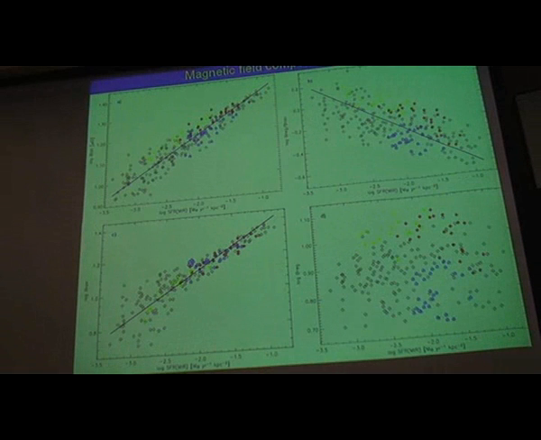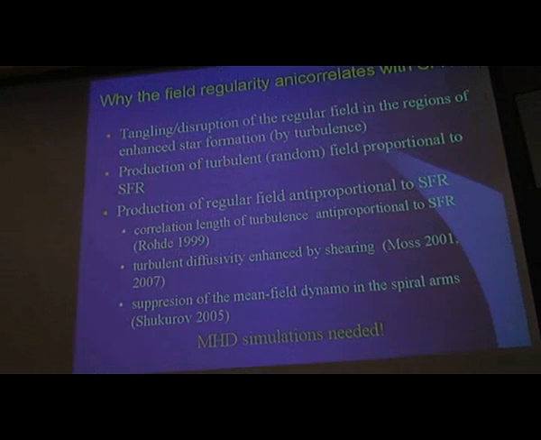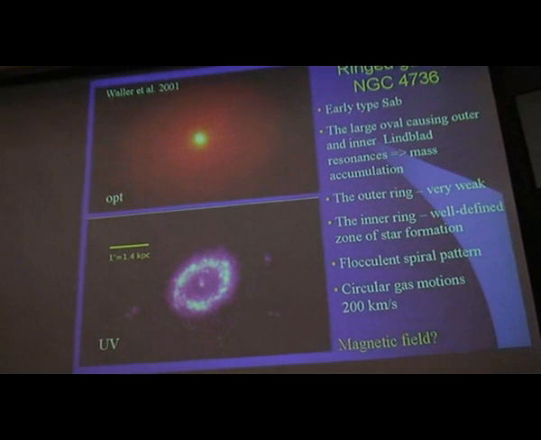Okay, so the second galaxy I would like to show is an early type galaxy of ringed morphology. Such ringed galaxies are formed by resonant accumulation of gas in a non-axisymmetric gravitational potential, in this case, by an oval.